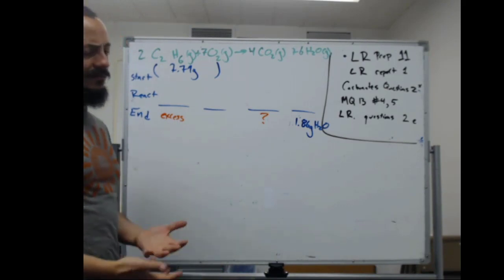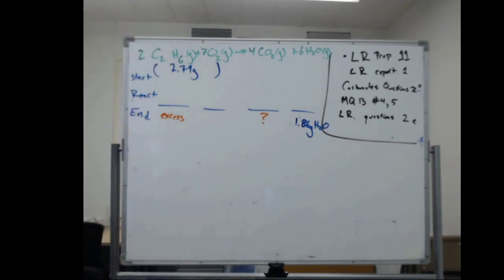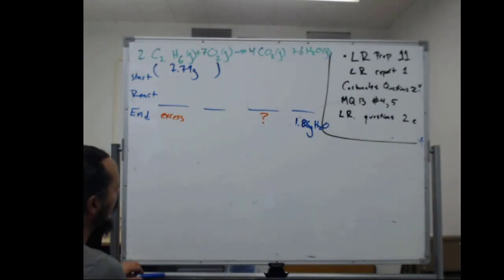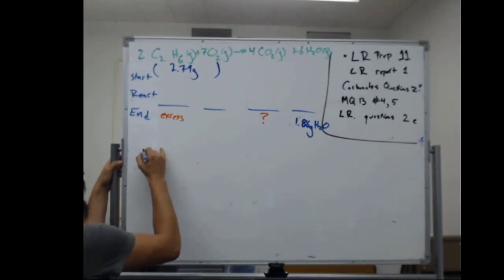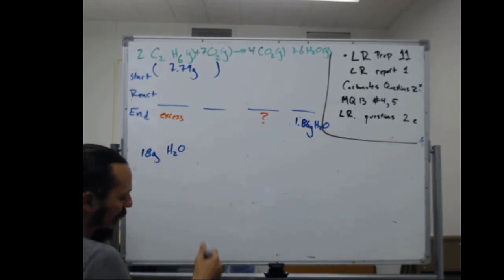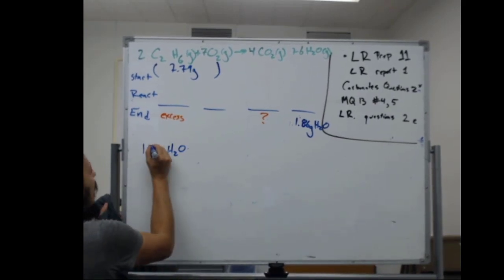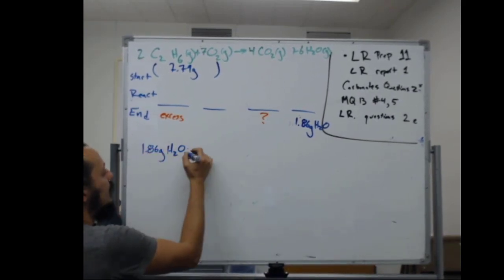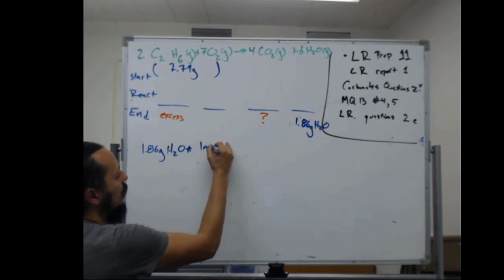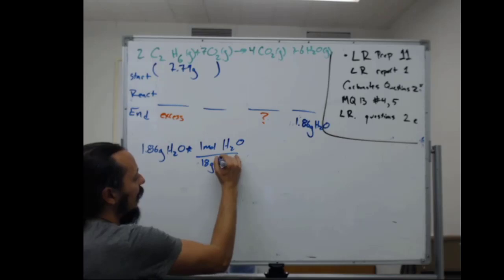Now that doesn't, right off the bat, seem like enough information. But notice what we can do is we can say 1.86 grams H2O times 1 mole H2O has 18 grams of H2O.